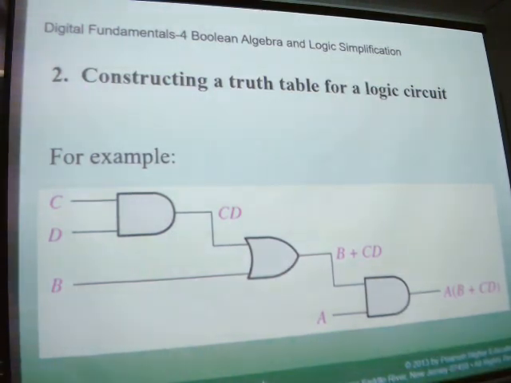Also 0 plus 0 and 1 equals 0. And 0 plus 1 and 0, 1 and 0 equals 0, 0 plus 0 equals 0.